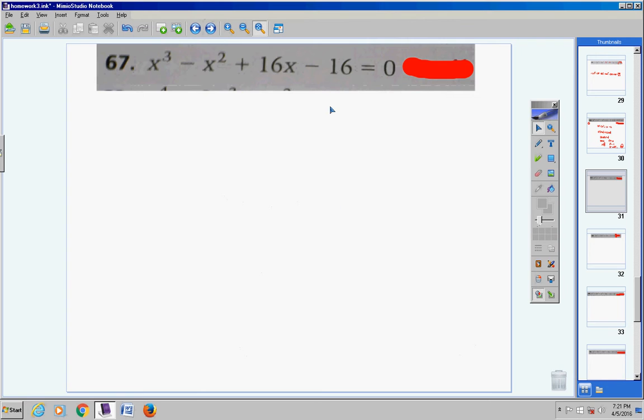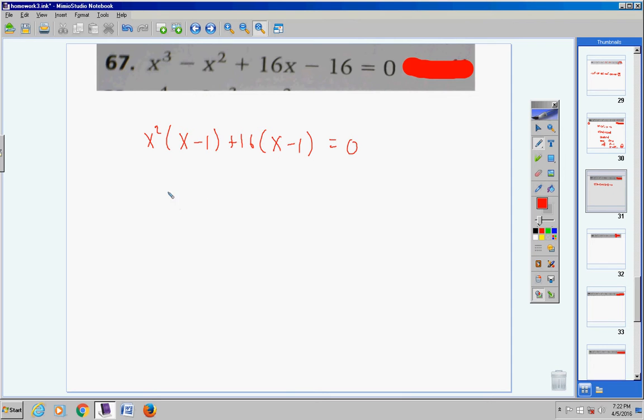67. Alright, now look. I'm solving this equation. I have 4 terms over here, all set equal to 0. I might be able to factor this. Let's see. Pull out what's common in the first 2, and you're left with x minus 1. Pull out what's common in the next 2 terms, 16, and you're left with x minus 1. Look at that. Pretty easy.